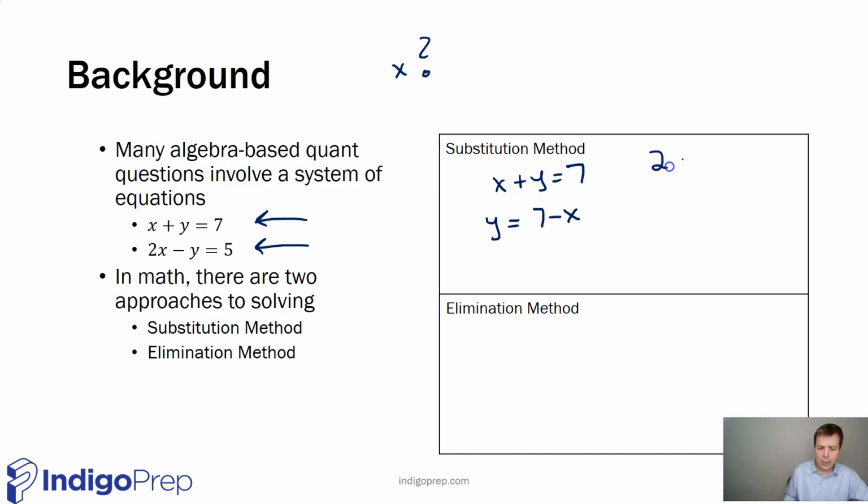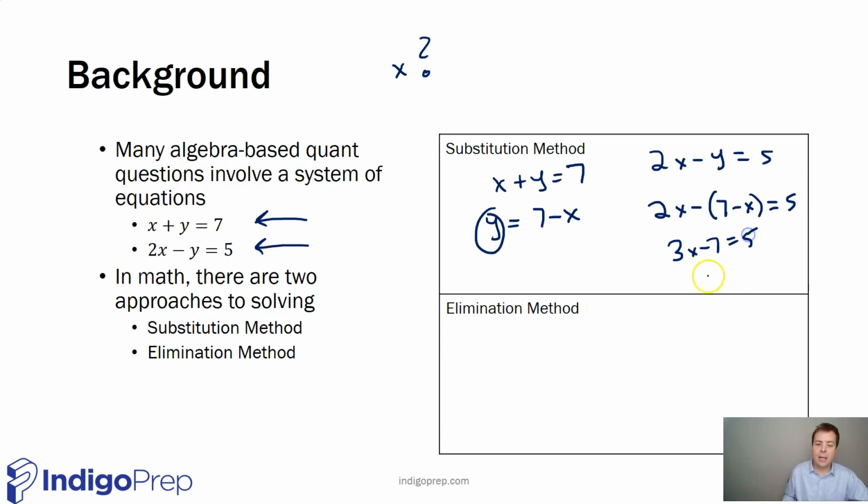The other equation is 2x minus y equals 5. We substitute in for y. 2x minus (7 minus x) equals 5. We get 3x minus 7 equals 5. We get 3x equals 12, or x equals 4.